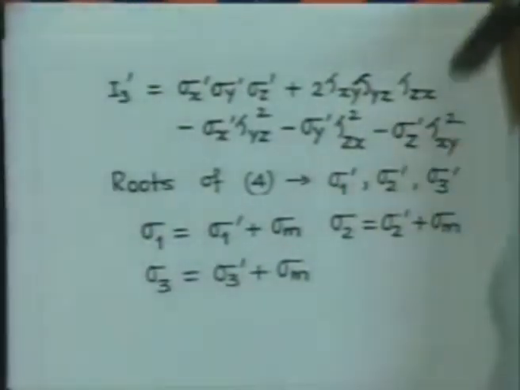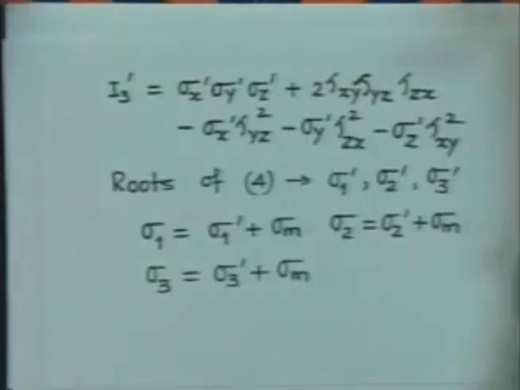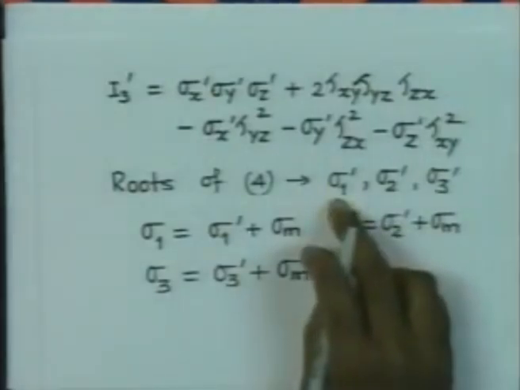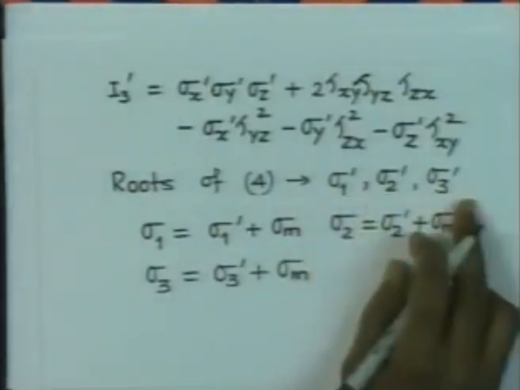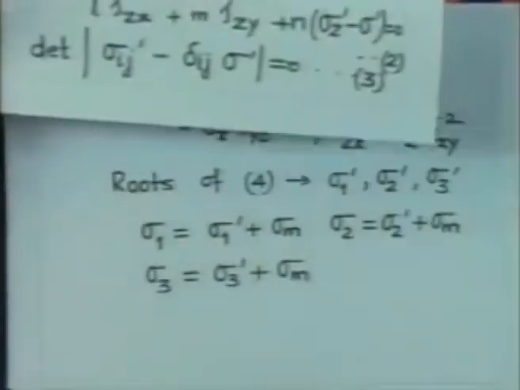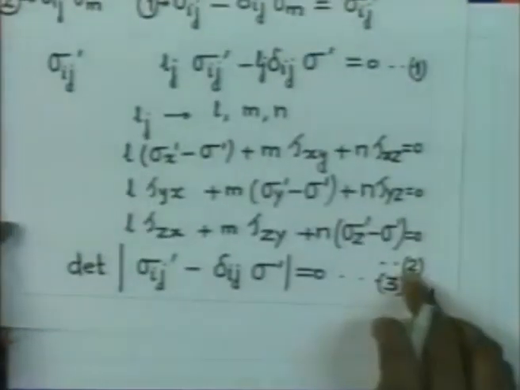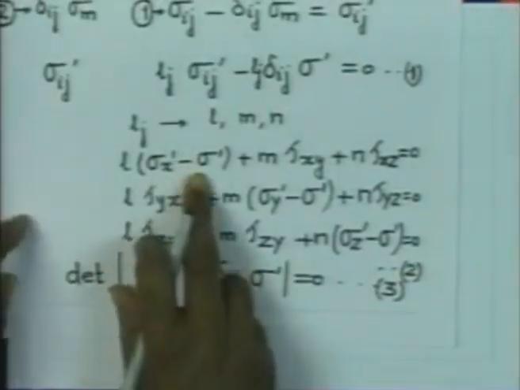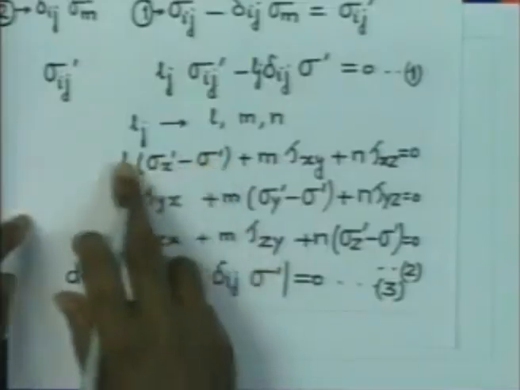You can also, after having obtained these three deviatoric principal stresses, get back to the equation number 2. You can get back to this equation. Herein you can substitute the value of sigma 1 dash in these three equations.